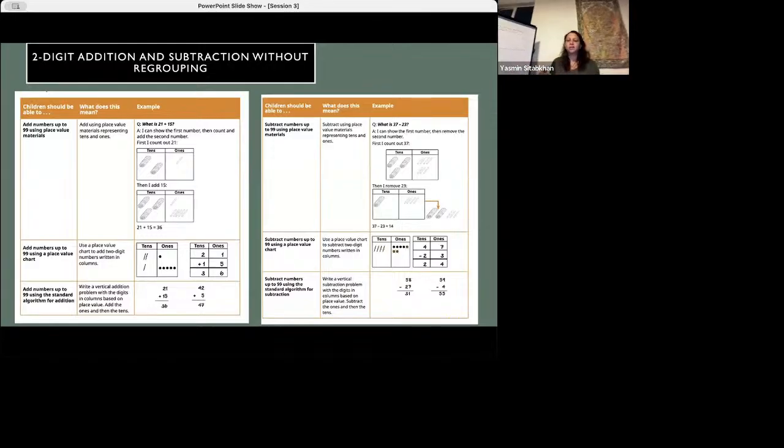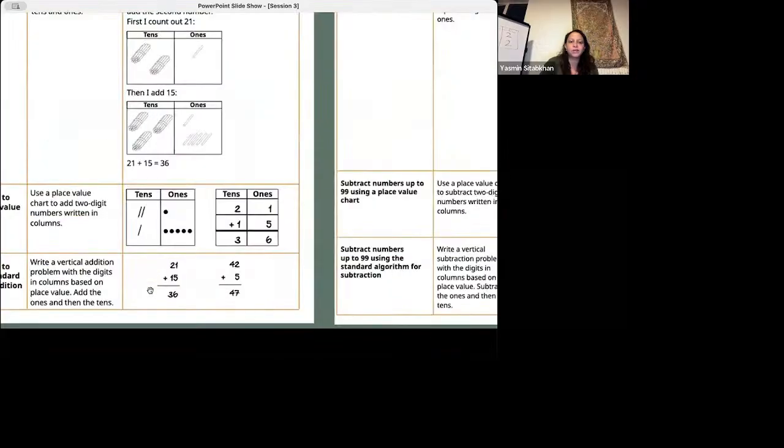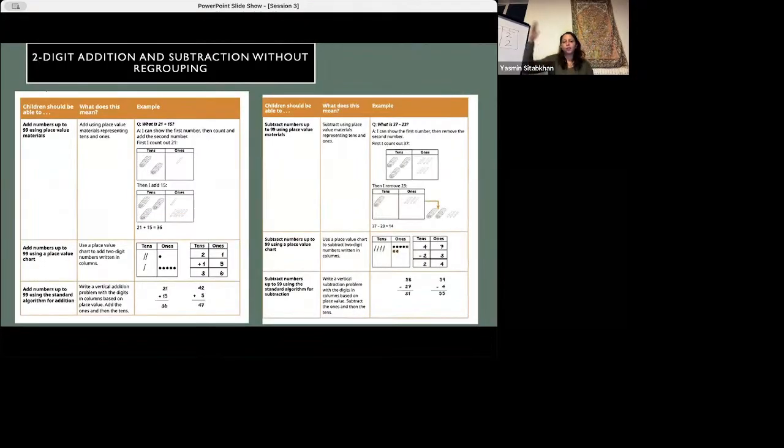So the problem we just did, like 32 minus 12, you might write 32 and you might write 12, and do this in the place value chart to help students learn how to line up the numbers and think about them. And then your very last step is down here, where students are just adding 21 plus 15 or 42 plus 5 vertically.